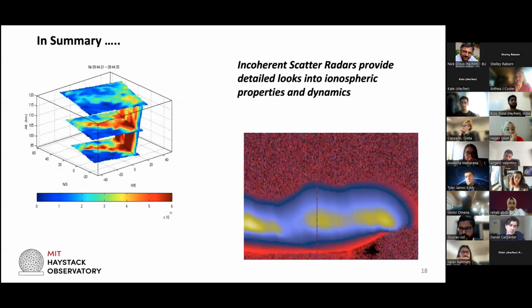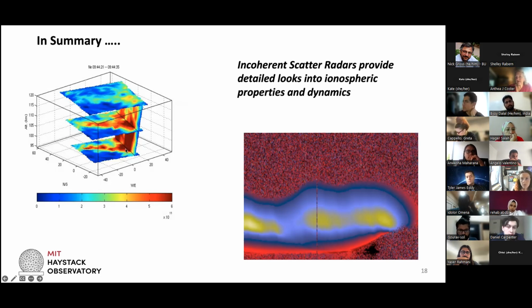So in summary, I know this is just a flavor of what I've given you, but incoherent scatter radars really are able to provide detailed looks into ionospheric properties and dynamics, the most detailed looks you're going to get. This is from Pfizer, going from 95 to 120, but I believe Josh Semeter published this.